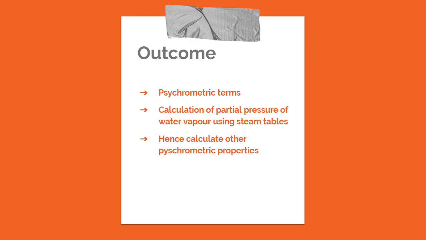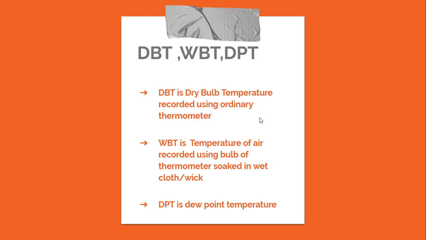I'll just do a quick recap of those terms before we actually learn how to calculate the psychrometric properties using the steam tables. So the important properties in psychrometry are these three different temperatures. One is the dry bulb temperature, other is the wet bulb temperature, and third is the dew point temperature.